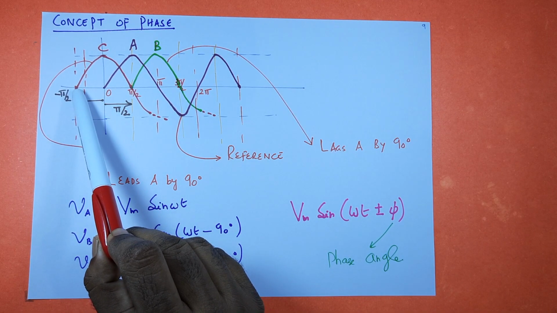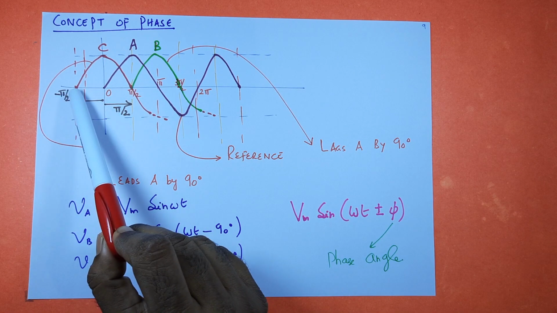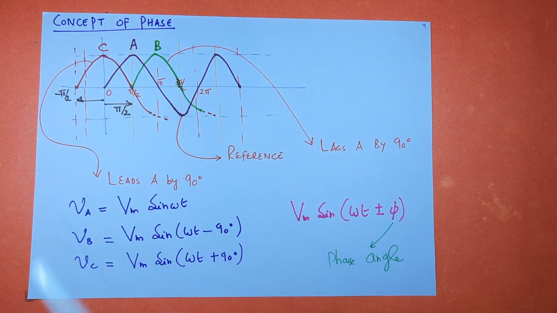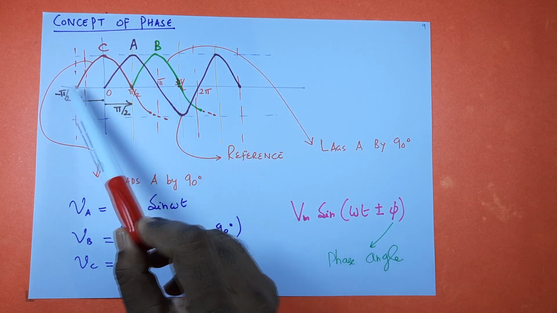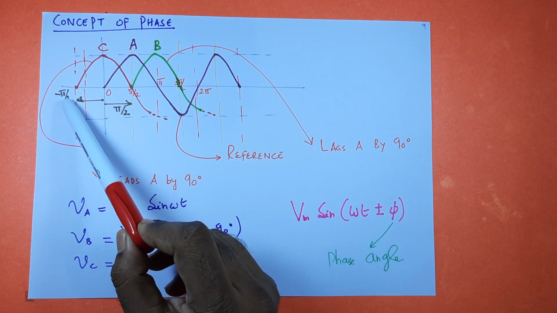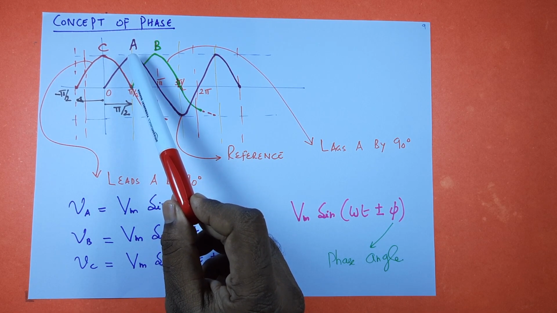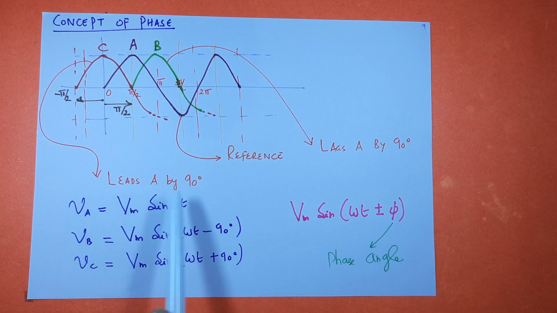If you look at C, suppose this is a starting point. This has started minus 90 degrees. That is some angle before the starting of this reference waveform A. So it has started at minus pi by 2, well ahead of the starting of this waveform A. So I can say this waveform C leads A by 90 degrees.